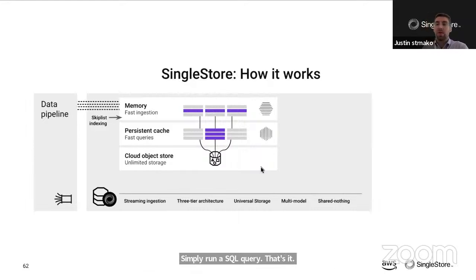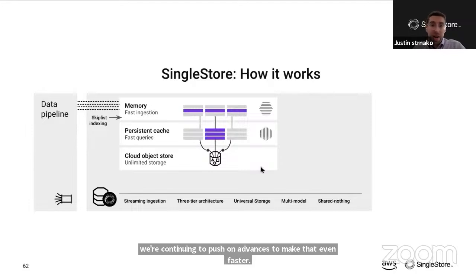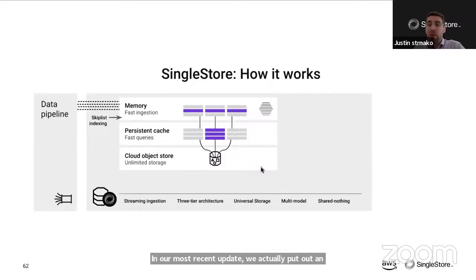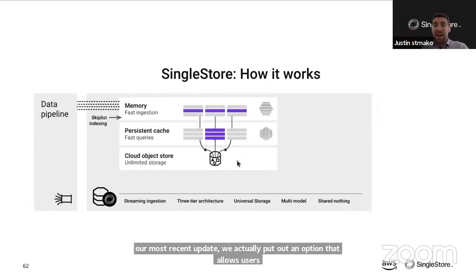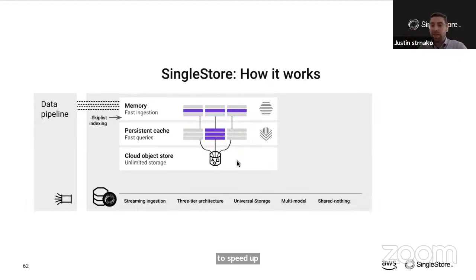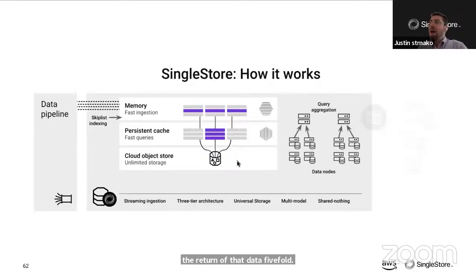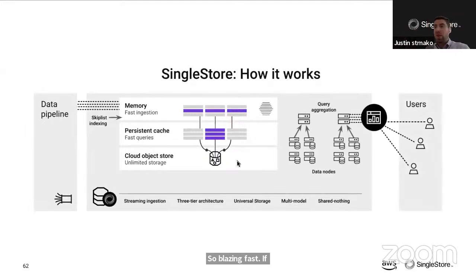You can either warm it yourself or any query that you run that hits that table, the data will be warmed. And we're continuing to push on advances to make that even faster. In our most recent update, we actually put out an option that allows users to speed up the return of that data 5-fold. So blazing fast.